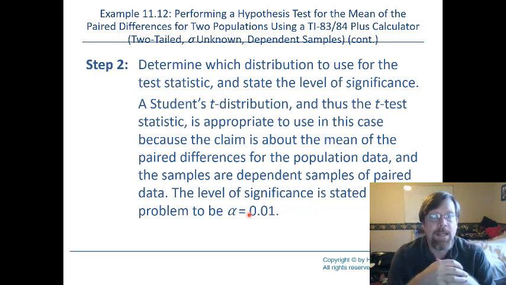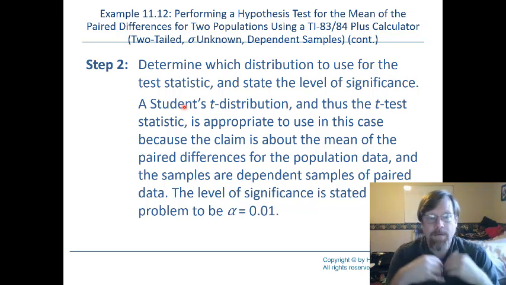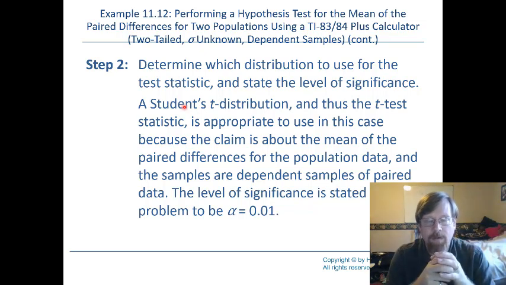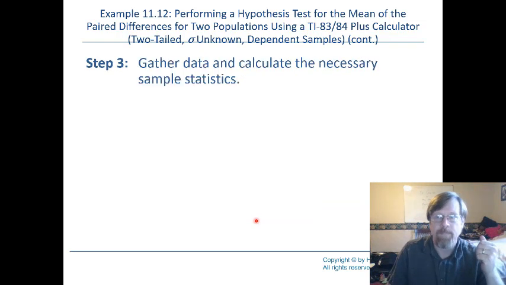We don't know the underlying population standard deviations, so Student's t-distribution is appropriate. We are hand-waving past the sample size of 30 or underlying normal distribution. Level of significance was given as 0.01. So let's look at our data.